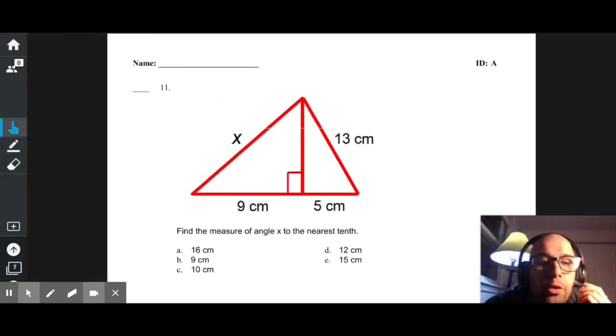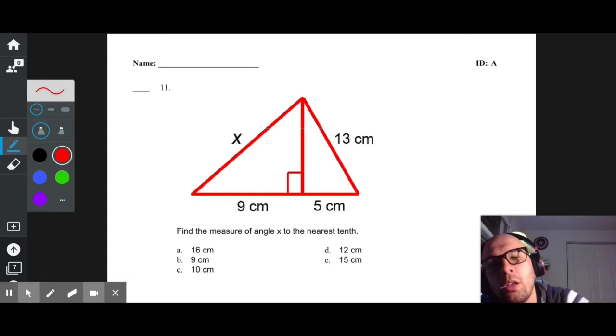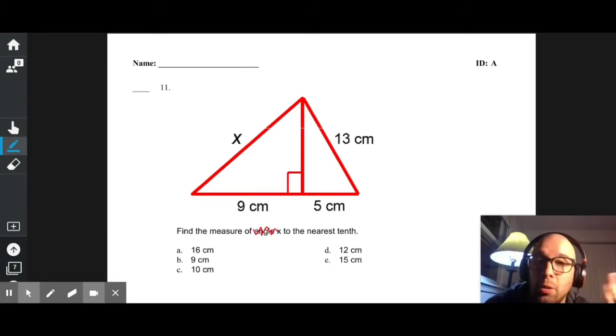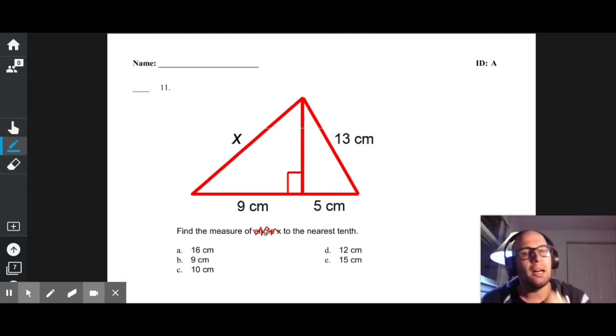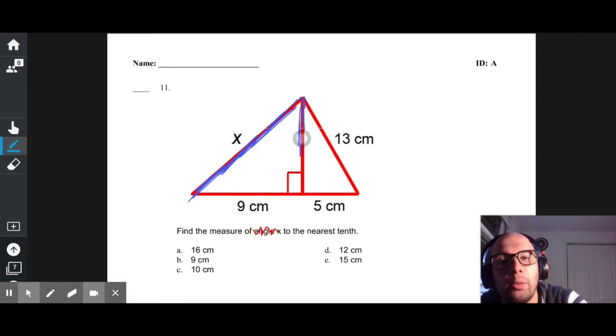All right, problem 11, another poorly worded problem. Find the measure of angle x. It's actually side x, but it is what it is. To the nearest tenth. Now, I like this problem. This is what we're talking about. If I'm trying to find x, I do know that x is attached to this, what I'm going to make a blue triangle here. X is the longest side of the blue triangle.